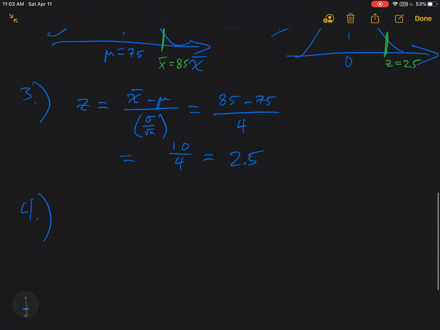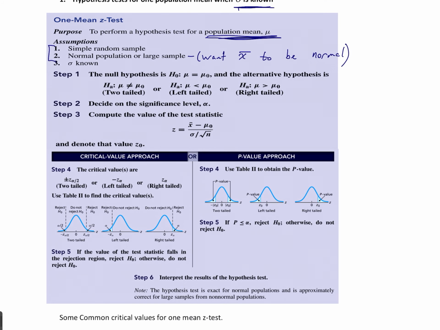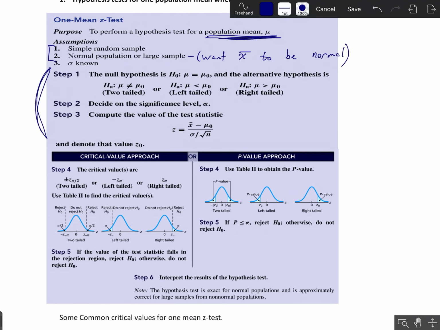So here's how we do that. In step 4, there are actually 2 options. So maybe let me come back to the notes over here. What we've done so far is these first 3 steps. We chose our hypotheses, we decided on the significance level. I gave you a few options for the significance level. Let's just choose 10% as our significance level.